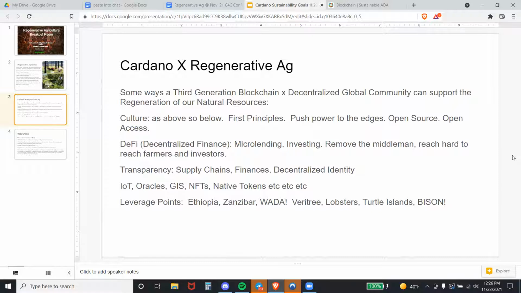I could talk about one really low-hanging fruit, I feel like, in Ethiopia from a regenerative perspective. I was reading an article about how folks are burning manure for fuel because they don't have access to other things.